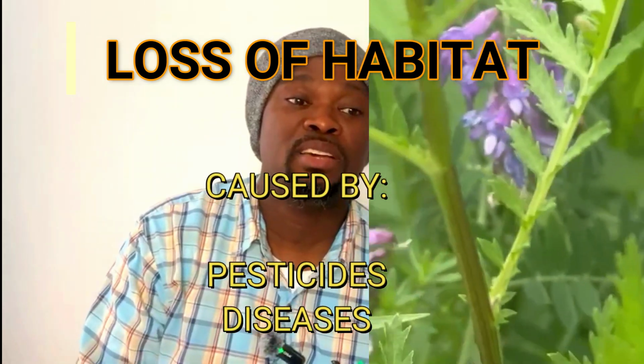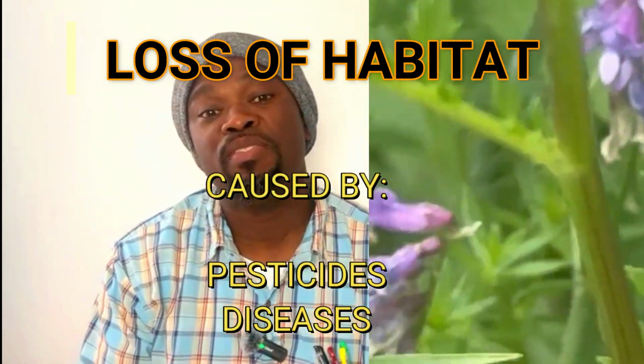When we lose natural habitats where the bees would go and feed, and because of pesticides and other things that harm or kill them, the bee colony goes down, and we don't find a lot of pollination going on. So having a good habitat for them is a very important thing.